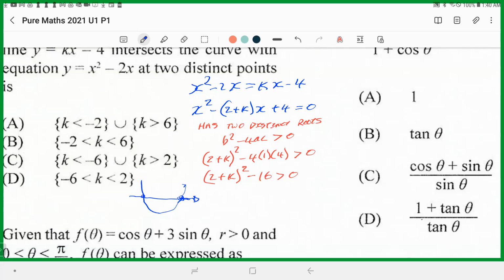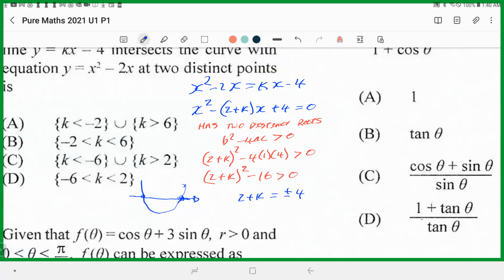I could treat this as my variable, I can call it my x squared and treat that as my variable, and put that equal to 4 and positive 4. But my critical value is going to be where this equals 0. So it is where the 2 plus k becomes equal to plus or minus 4.